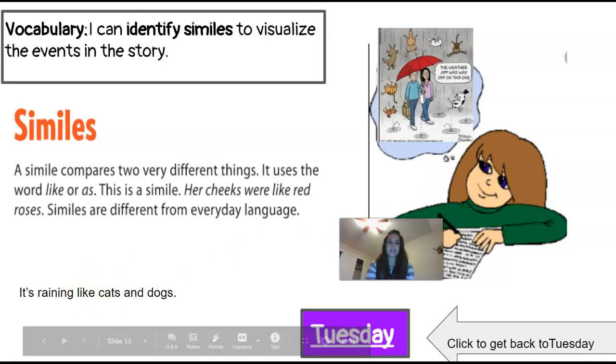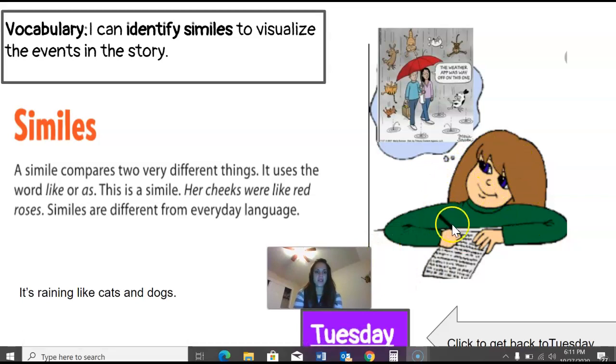So here's a picture of a girl writing and rereading a story, and she's using similes to help her. See these dots right here in this little bubble? It shows her visualizing it raining cats and dogs. Could you imagine if we were outside and it was really raining cats and dogs?